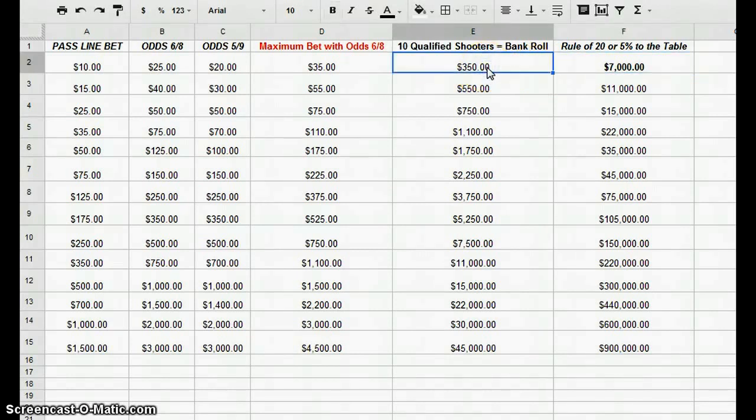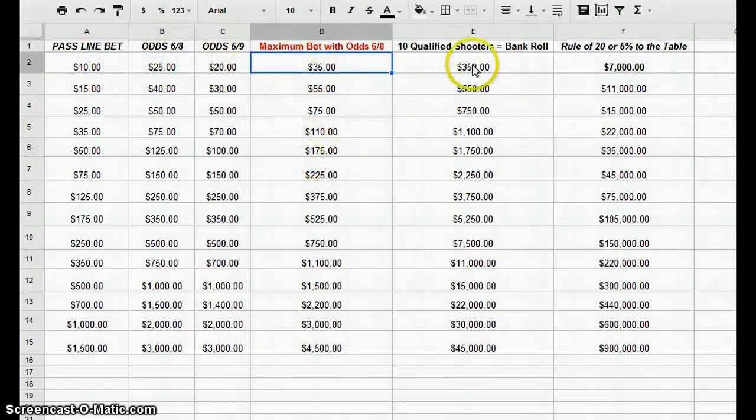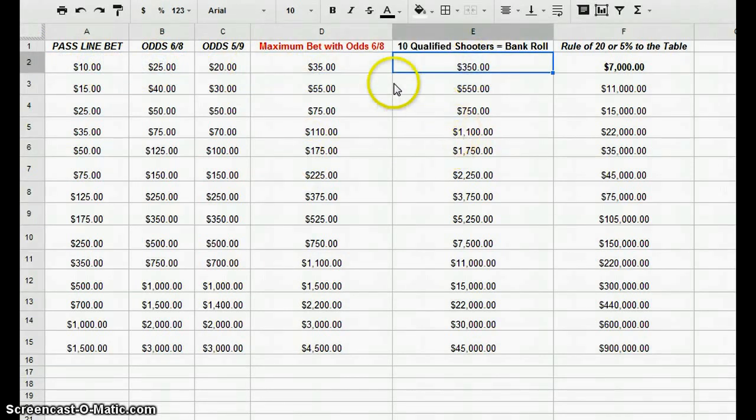At which time, when the dice turn, you'll be able to move up to the next gambling bankroll. I'll give you an example. Let's say you go at a $10 with 25 odds, total $35 bet, or 350. At the end of these 10 qualified shooters, you have more than $550.